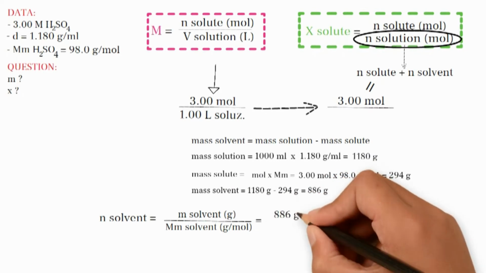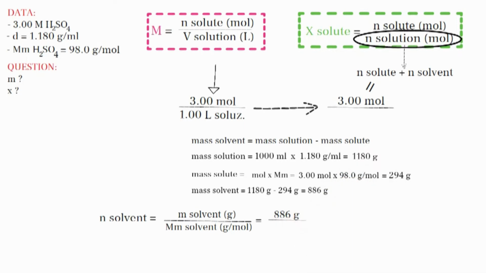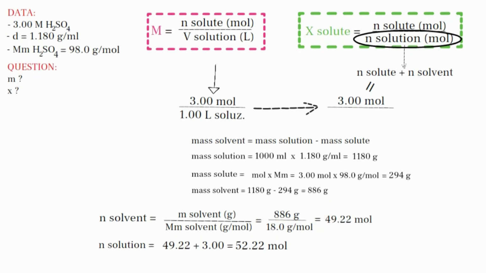So it will be 886 divided by 18, which is 49.22 moles. We just need to add this to the moles of solute to get the moles of solution, which is 52.22. So let's write this in our definition of mole fraction of solute, and we will have the answer to our problem, which is 0.057. So now we need to know the mole fraction of solvent.